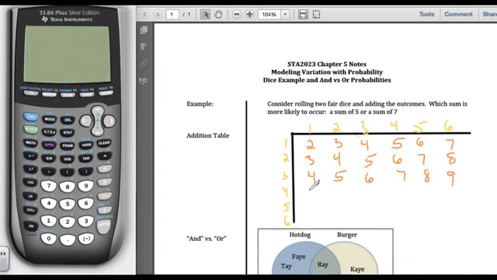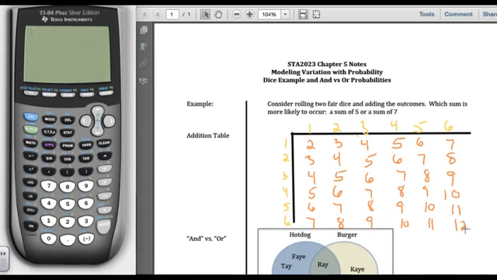So this must be a 5, all the way up to a 10 in this row, a 6, all the way up to 11 in the fifth row, and the final row, it'll start with a 7. Go all the way up to 12. 12 is the maximum that we have here, if you get a 6 on the first die and a 6 on the second die.